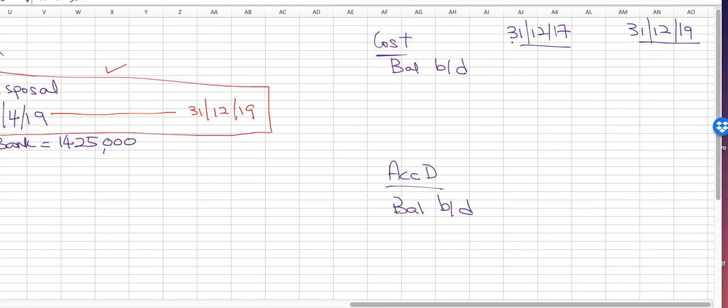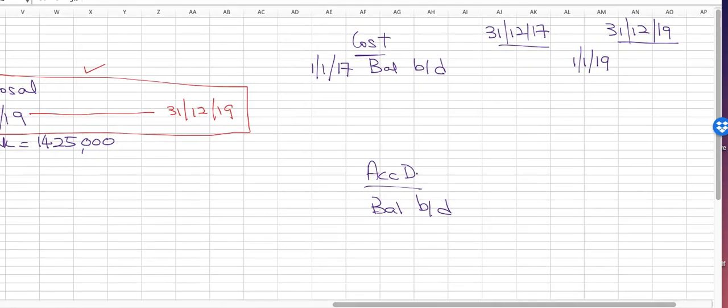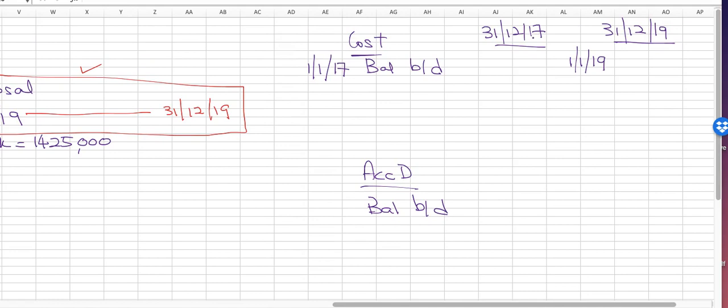Of course, when it is for the year ended 31st December 17, the balance BD must be on 1st January 17. If it is for the year ended 31st December 19, the balance BD must be 1st January 19. Same goes to accumulated depreciation. Ended 31st December 17, therefore, the opening must be 1st January 17. And for 31st December 19, it is 1st January 19.